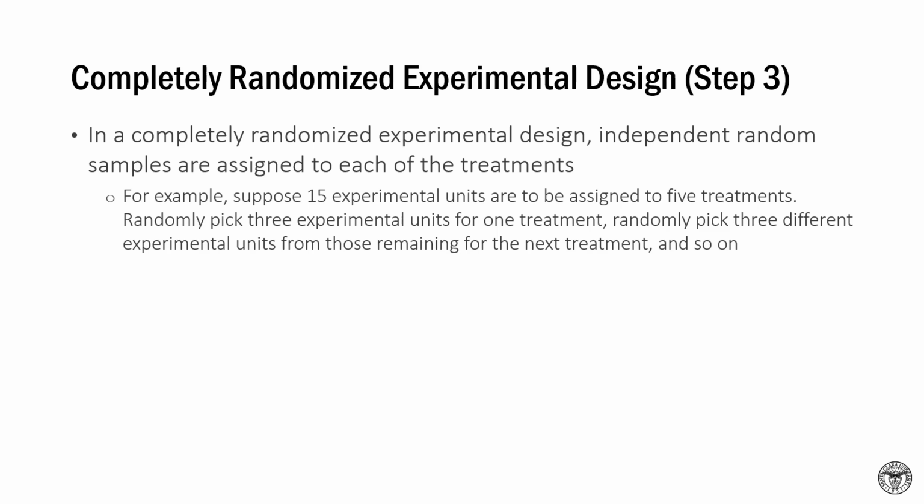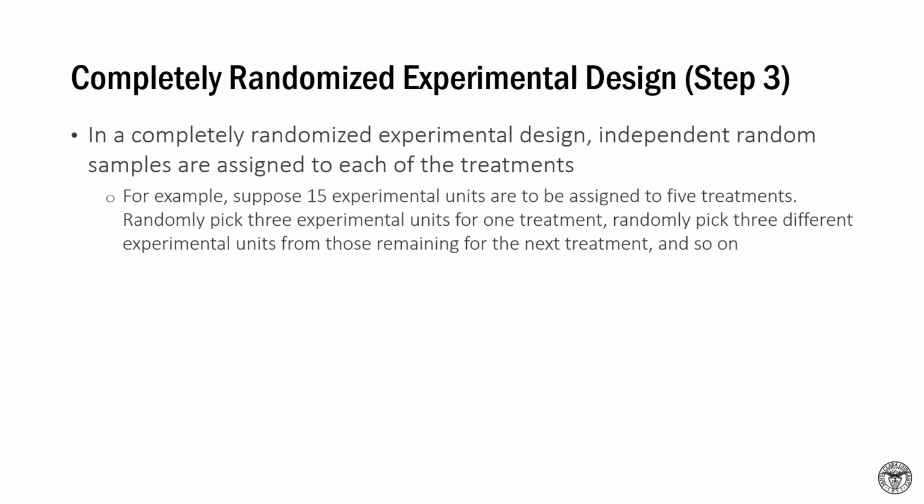Ideally, in step 3, the experimental units should be chosen in such a way that they represent the larger population of interest and are randomly assigned to the different treatment groups to reduce bias and confounding variables.